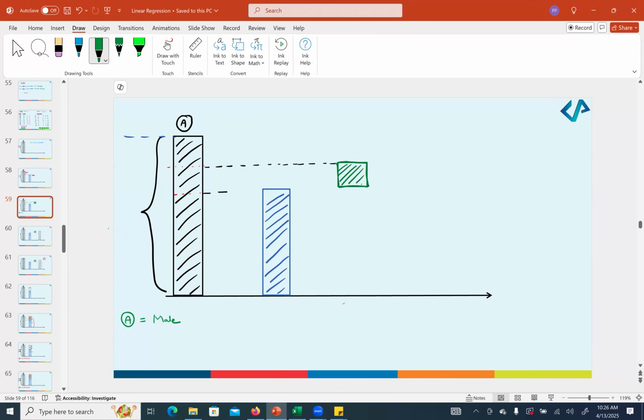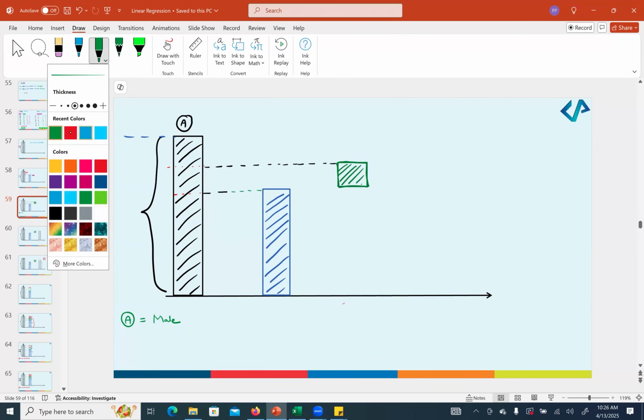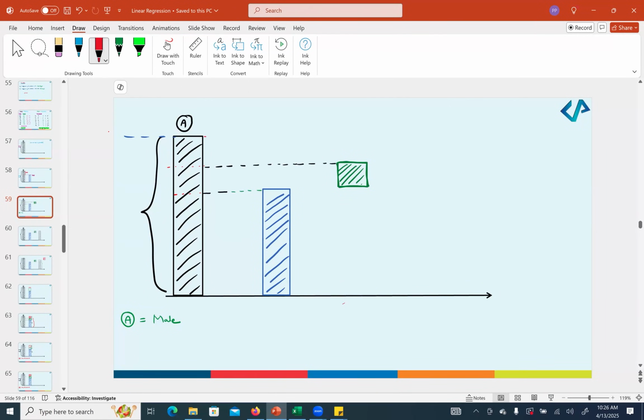So I will say that whatever prediction I made last time, I'm going to add a little bit more on top of it because you have told me that it's a male. So the average height will be a little more than what I predicted last time. Now what is going to happen? My error will become this much.